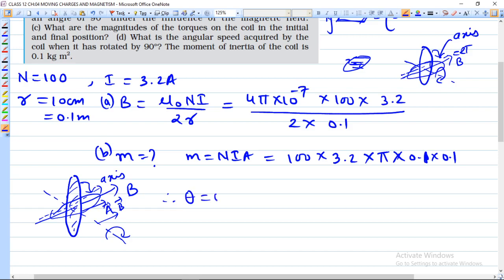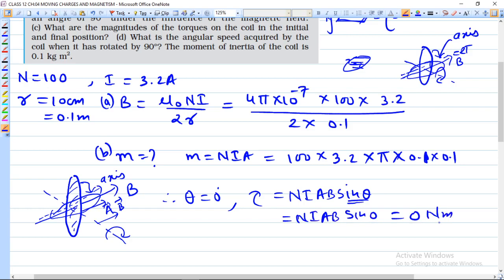That's why theta is equal to 0, and tau is equal to NIAB sin theta, with theta equal to 0. So NIAB sin 0. What is the answer? 0 Newton meter initially, when theta is 0.